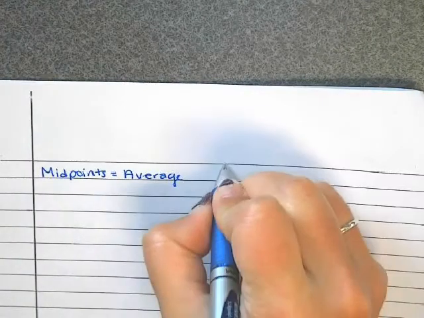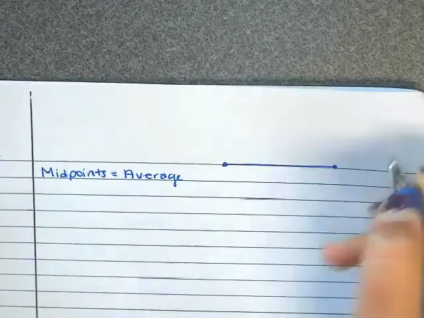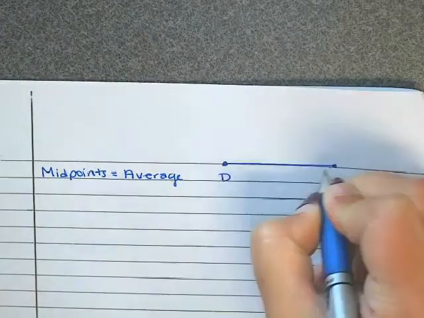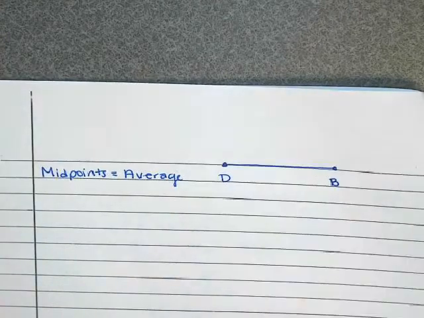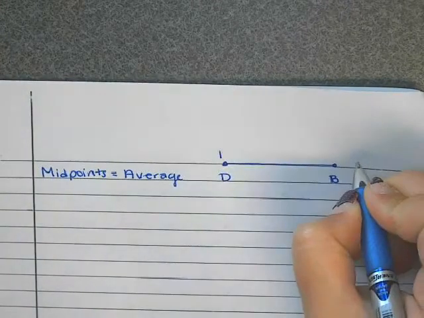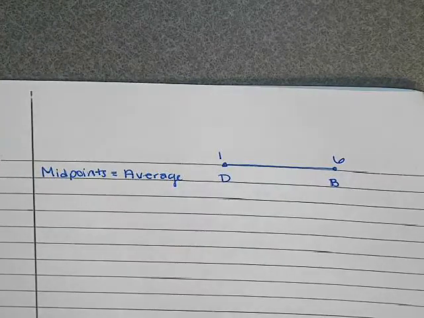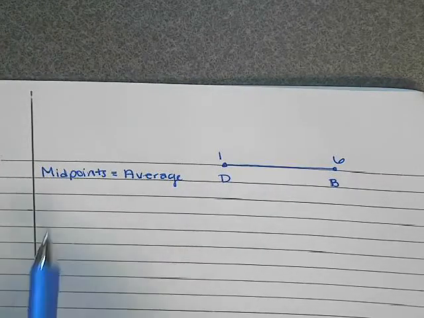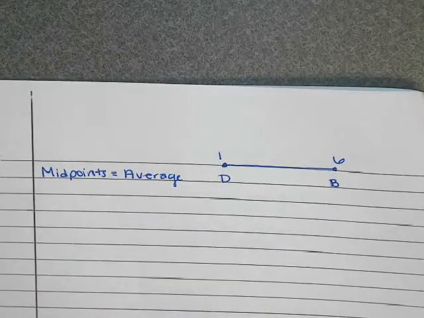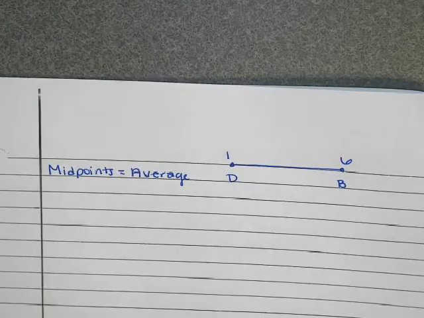Okay, so I'm going to draw a line segment up here. Here's D, this is B, this is 1, this is 6. If I am trying to find the average or the midpoint between 2 points, all you're going to do is, when you find an average, if I was trying to find the average of your guys' quiz scores, I would add up all your quiz scores, and there are 1, 2, 3, 4, 5, 6, 7 of you in here.